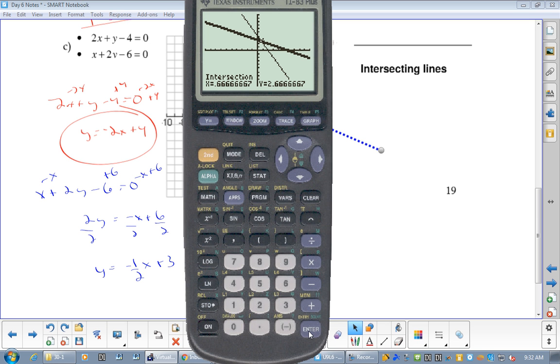Okay, you guys know what 0.6666 is? 2/3, yep. So we got 2/3 and 2.667 is what? Should be 7/3, I think. Oh yeah, 8/3, you're right, you're right.